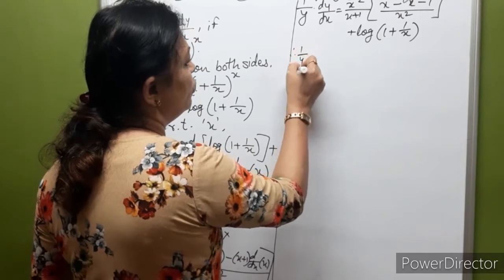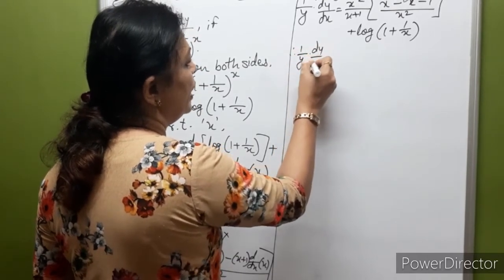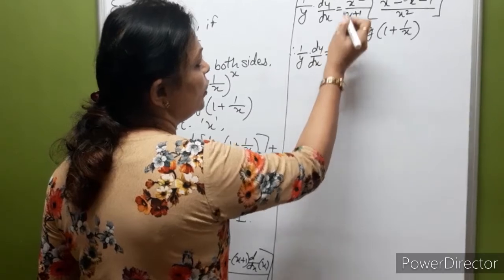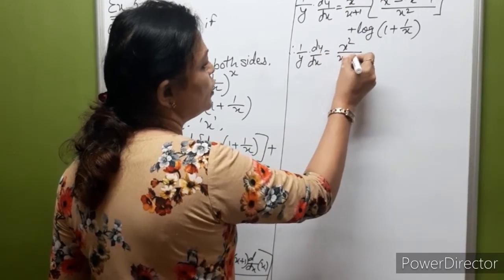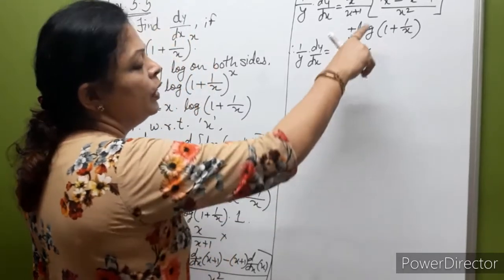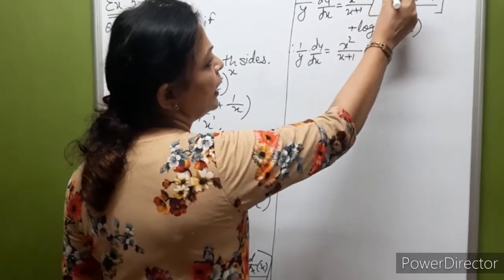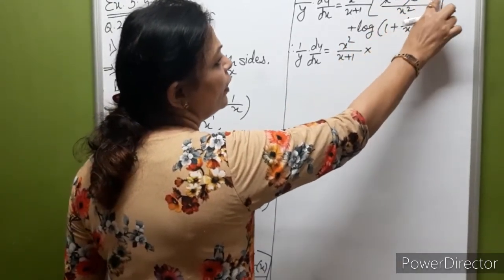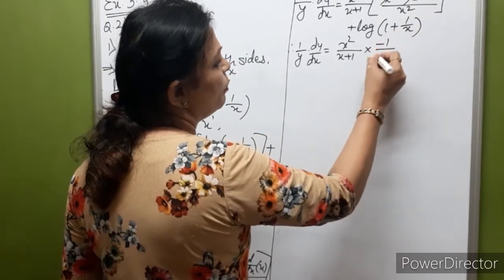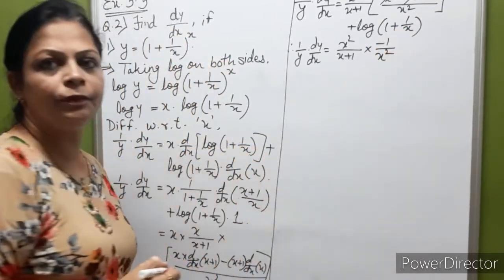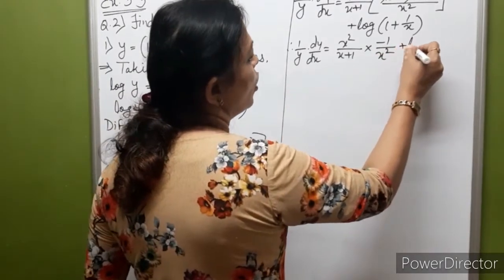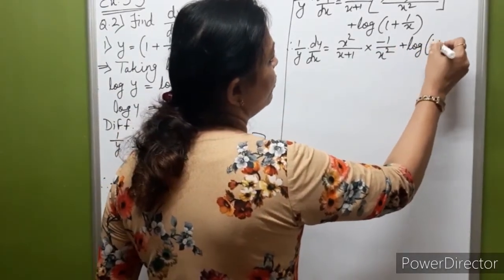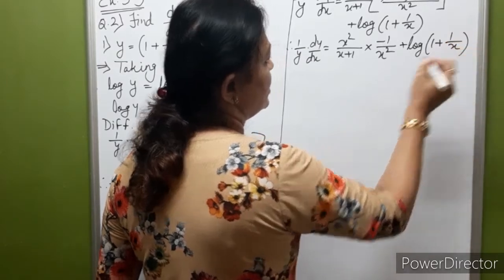So 1 upon y into dy by dx is equal to x square upon (x plus 1) into. Now here x will get cancelled and you are left with minus 1 upon x square. Correct? Plus log of (1 plus 1 upon x).